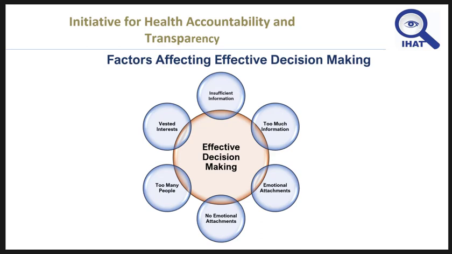Such factors include insufficient information, having too much information, emotional attachment, no emotional attachment, when too many people are involved in the decision-making process, and when there are vested interests from the various people involved. Let's consider these factors one after the other.